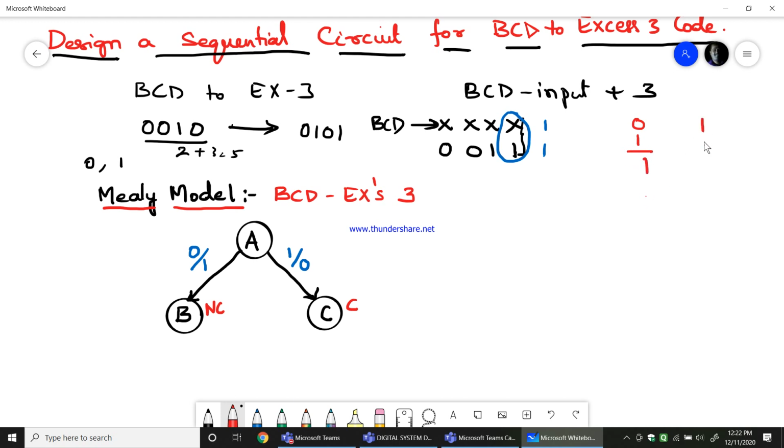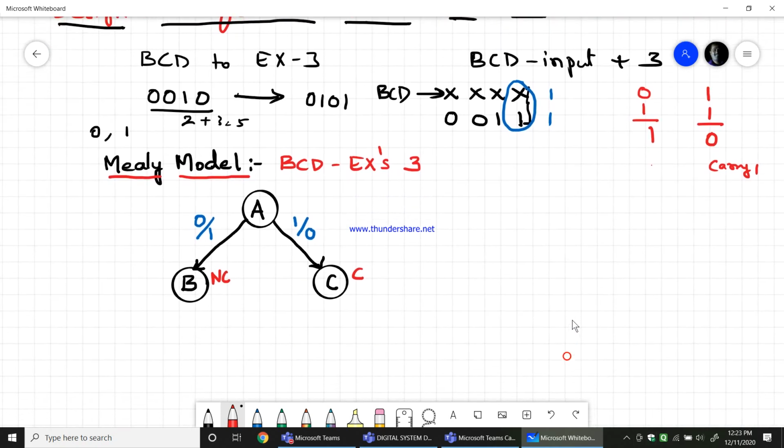When I added 1 with 1, I got sum 0 and carry 1. Therefore the state B is because of no carry, and at state C we saw the condition with carry. Now what do I do?